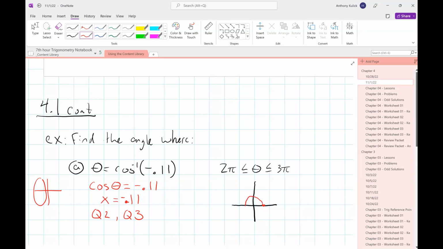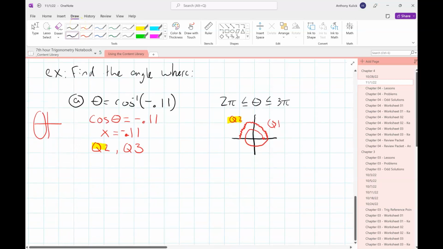So half a pi, 1 pi, 1.5 pi, 2 pi, 2.5 to 3 pi. So those angles cover quadrants 1 and 2. Which quadrant does my answer lie in? Quadrant 2. So now I'm going to draw a picture of my answer.